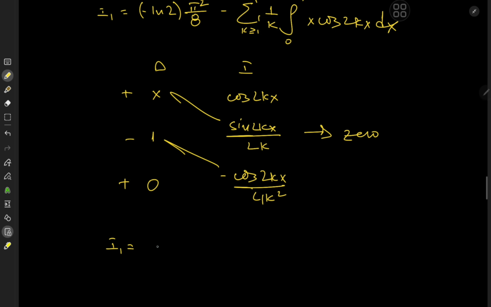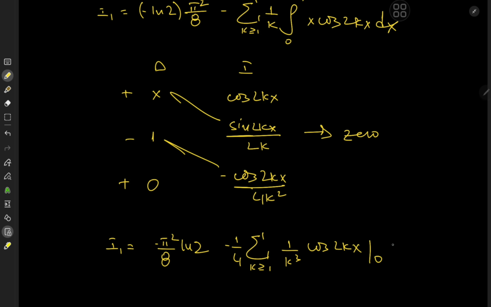So I sub 1 equals negative pi squared over 8 times log 2 minus the sum over k of what exactly? So we have a factor of 1/4, and we have 1 over k cubed, and we're still left with cosine 2kx with the limits being 0 and pi over 2.